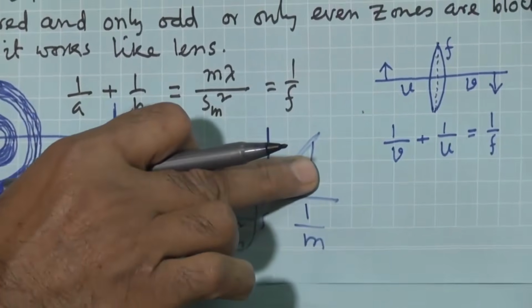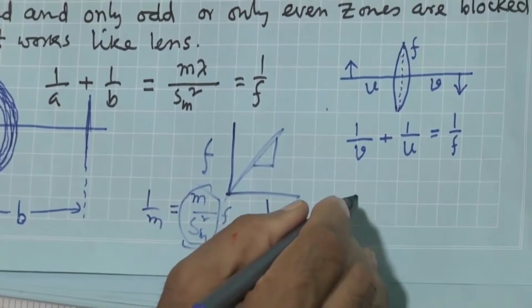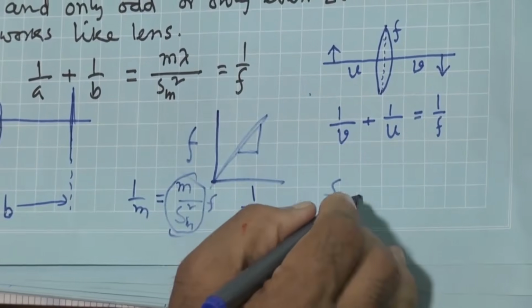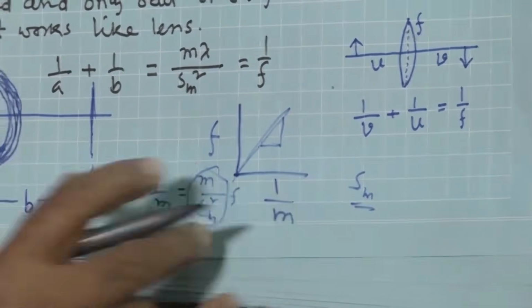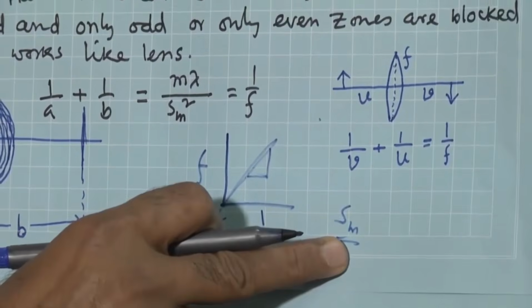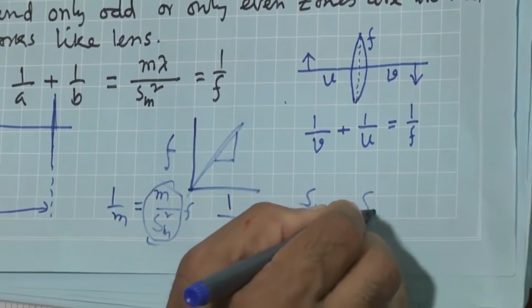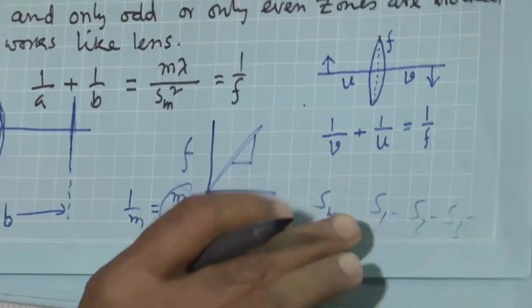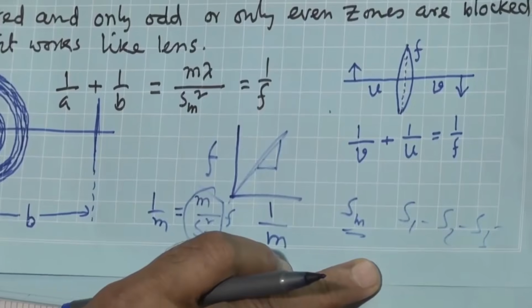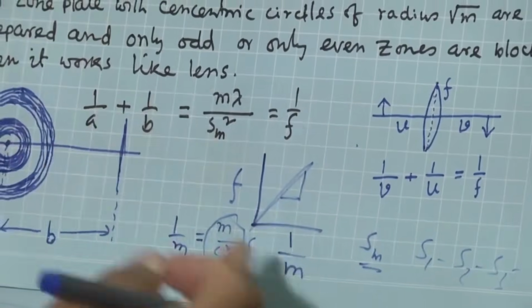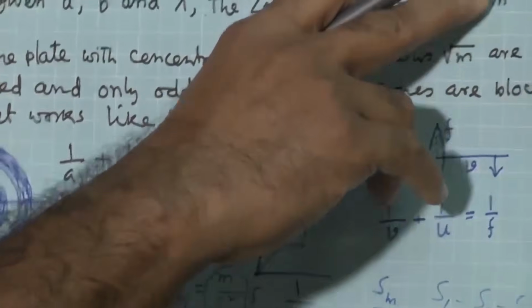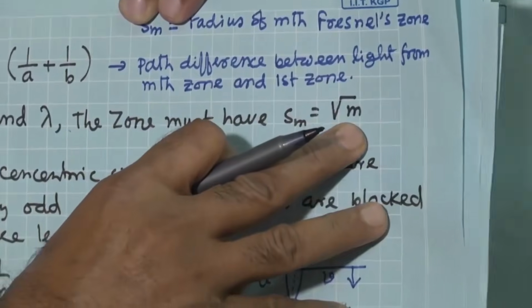Once you find the slope, you can find S_m, so you will get S1, S2, S3, etc. Then experimentally you are finding that radius, so you compare it with this relation: S_m should be square root of m.